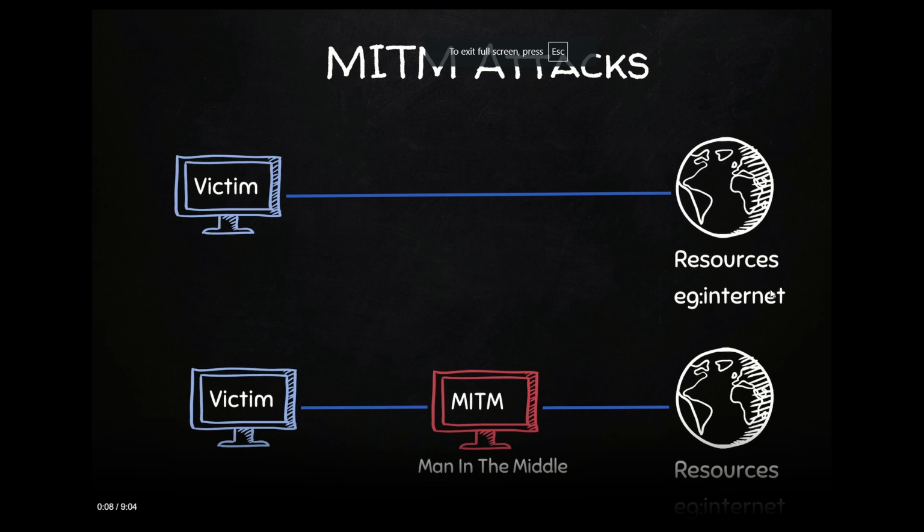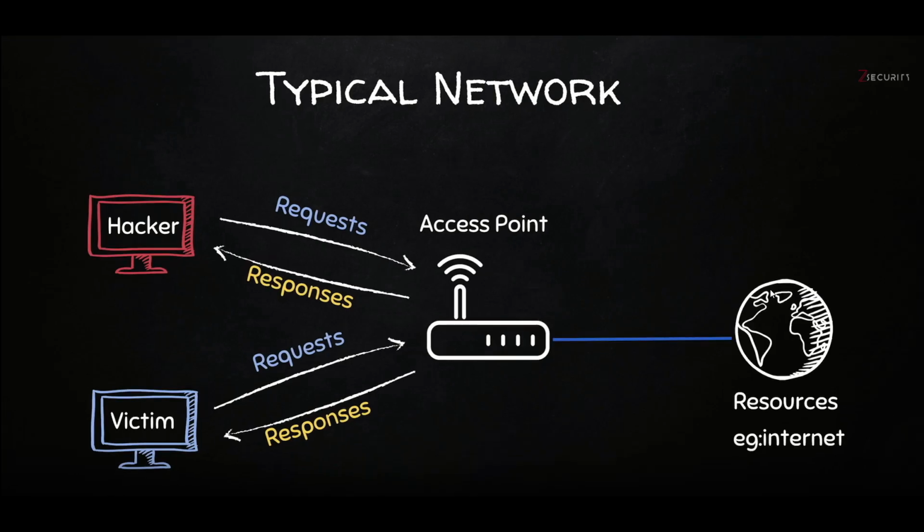MITM, that is man in the middle attack. Initially, your victim PC will be directly connected to your internet. But with man in the middle, you will become the man in the middle and you will intercept the connection. And you do it using ARP spoofing attack.